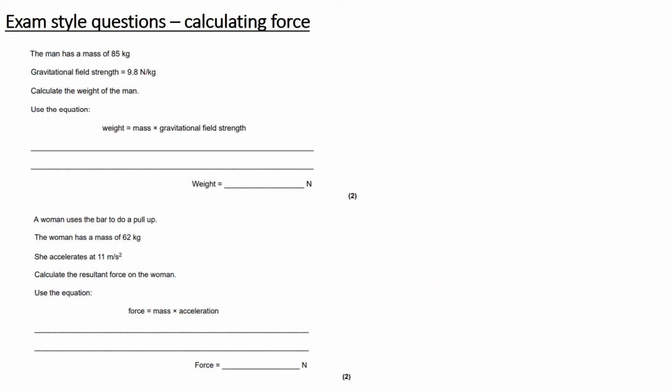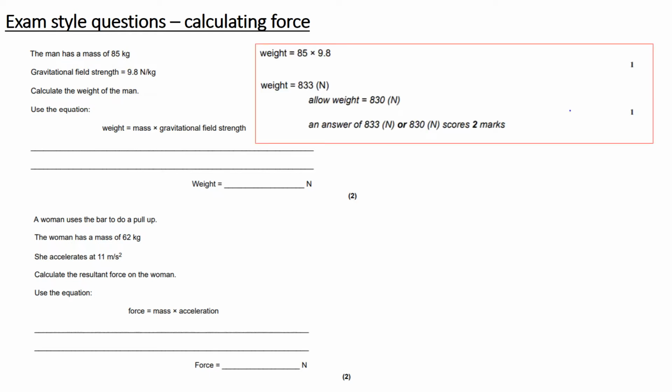So, calculating force. The man has a mass of 85 kilograms and the gravitational field strength is 9.8 newtons per kilogram. Calculate the weight of the man. We do 85 times 9.8, which gives a weight of 833. Now, 40 to 50% of the physics paper is just your ability to apply the equation sheet you're given and do the maths.